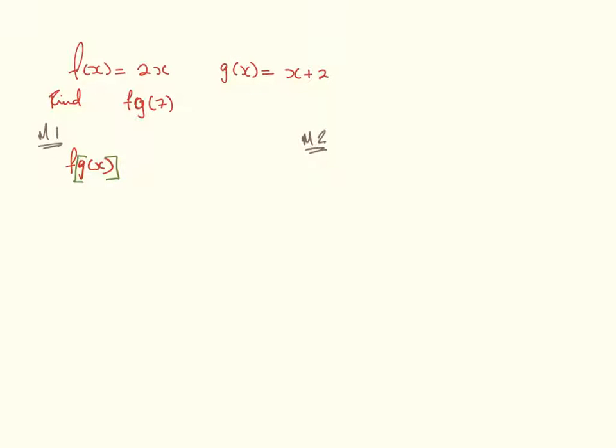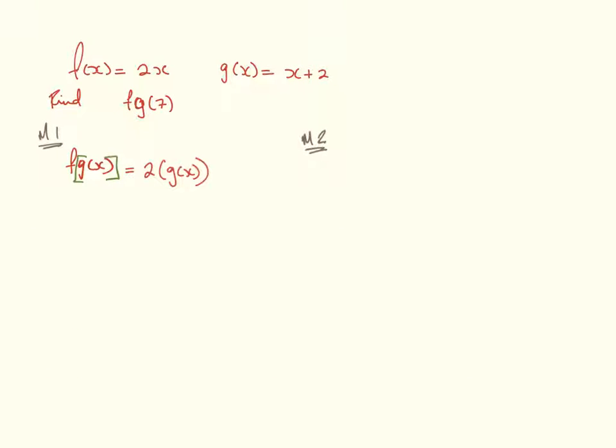So everywhere there is x inside of f, I'm going to put g of x in there. So what I'm going to end up having is 2 times g of x. Oh, by the way, just to make sure we know what we're doing, there's the x there. And we're taking g and putting it inside there, so replacing x with g of x, okay?